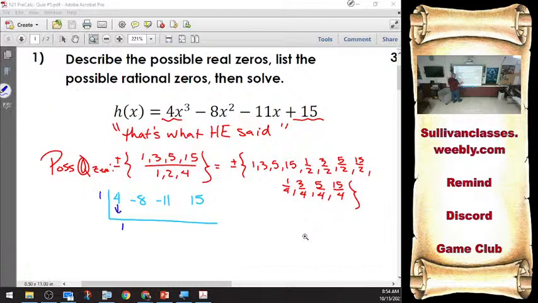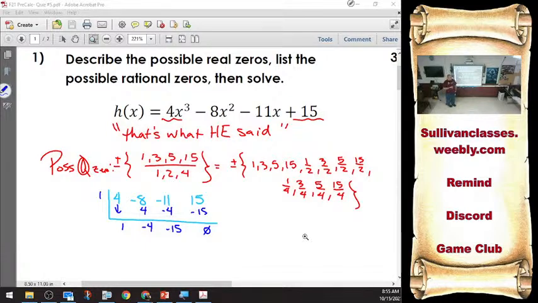Okay, let's try 1. We'll say 4, negative 4, negative 15, negative 15. Hey, it worked. Good job. But then, this is a quadratic, x squared minus 4x minus 15.